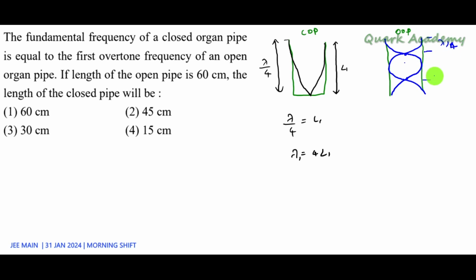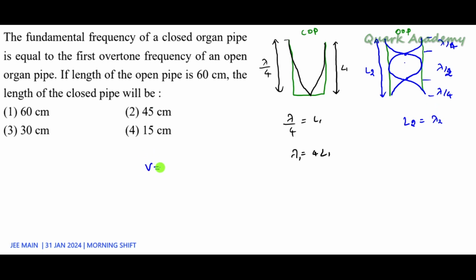Here the distance between two nodes is lambda by 2. Again, this one is lambda by 4. Let's consider the length is L2. So the overall length is lambda by 4 plus lambda by 2 plus lambda by 4, which is going to be lambda, or let it be lambda 2.